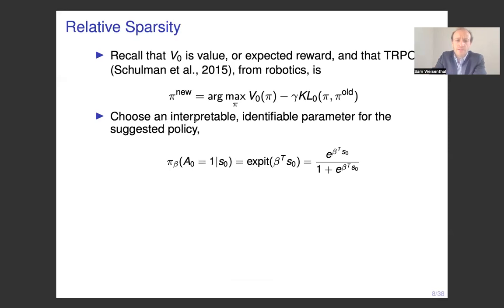So we're going to choose an interpretable, identifiable parameter for the suggested policy. In particular, we're going to make the probability of taking action 1 given a state an expit function, which has a linear combination of the state covariates with some parameter that we can then identify. This is just the definition of the expit function.